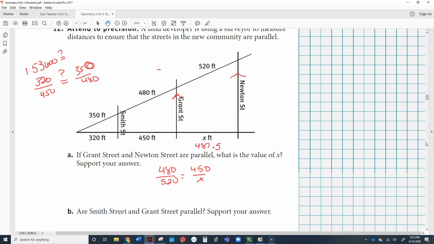And I'm trying to decide if that's equal to 450 times 350, and that's 157,500. So there are two ways that we just found that they're not equal. So are Smith Street and Grant Street parallel? No, the pieces are not proportional.